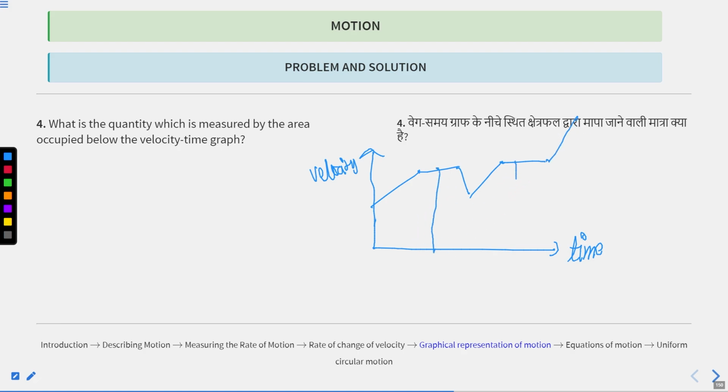And you have to calculate the area between these two time intervals. So what does this area give you in a velocity time curve? This area is displacement.